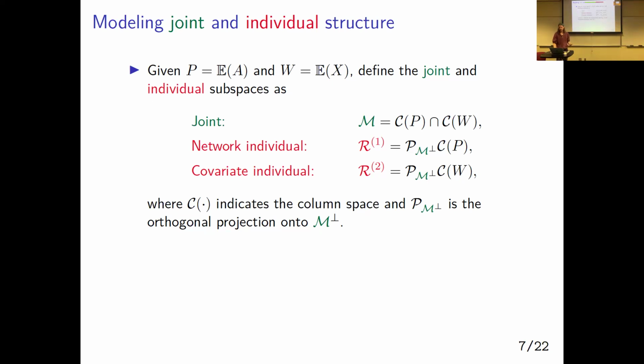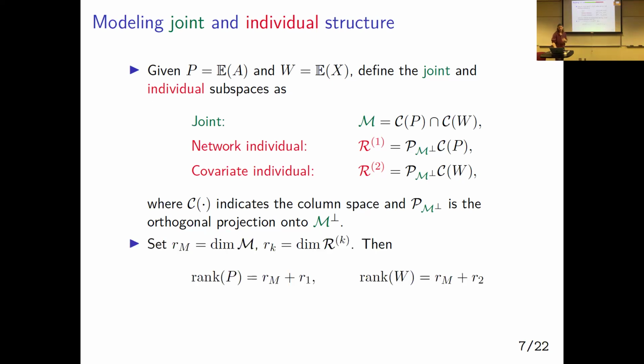Once we have our subspaces, let's denote the ranks of these subspaces by Rm for the joint and then Rk for the individual subspace. Just a note, by construction, the rank of P is going to be the joint part plus the individual part for the network, and the same for the covariates.